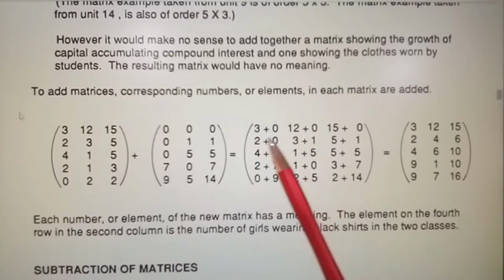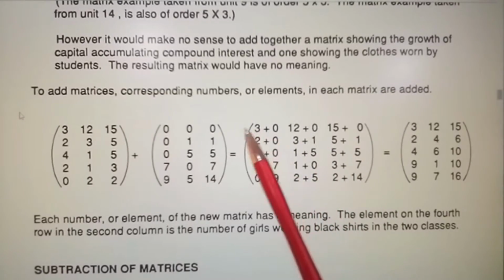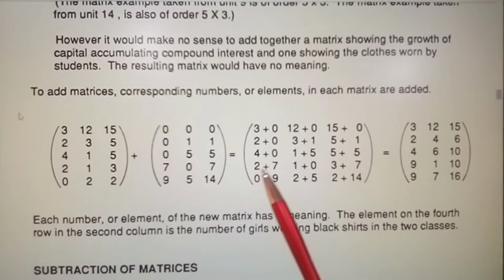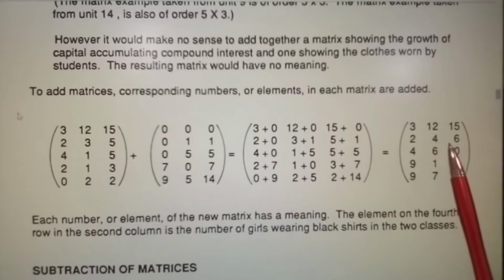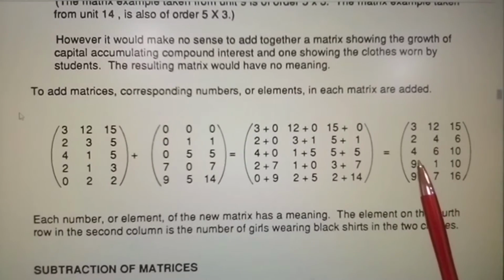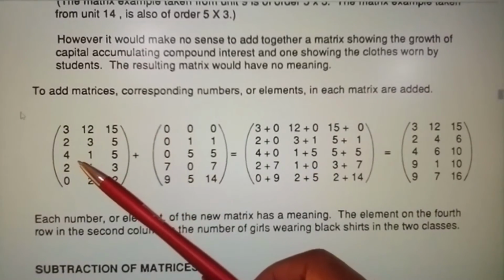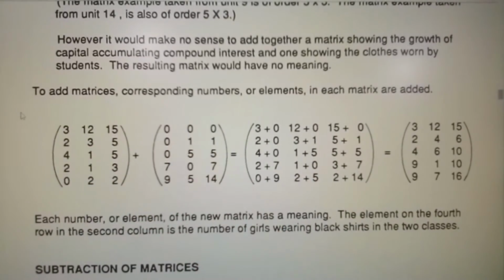You can now see by adding these up, you've then created your 3 plus 1 is 3, etc. 7, 8, 9. You've created your final matrix from the result of your previous two matrices.